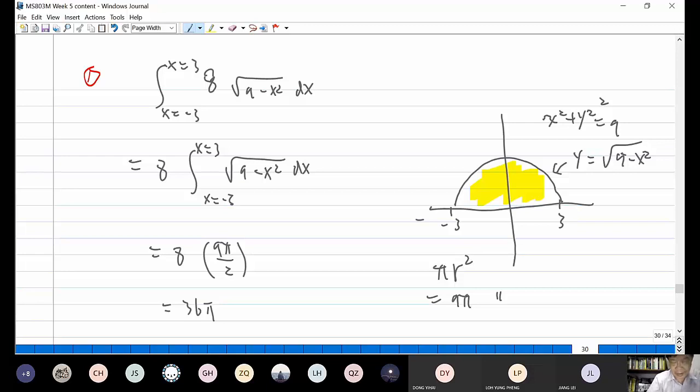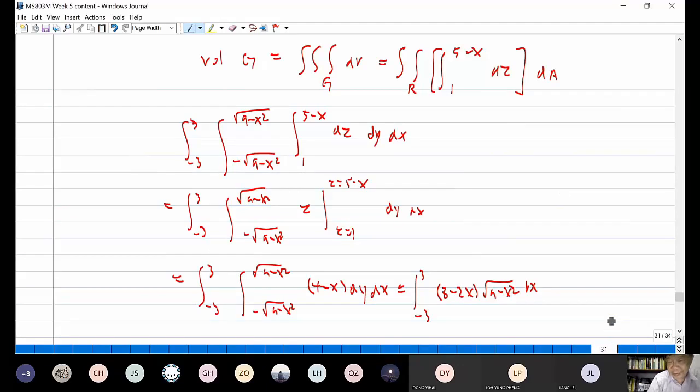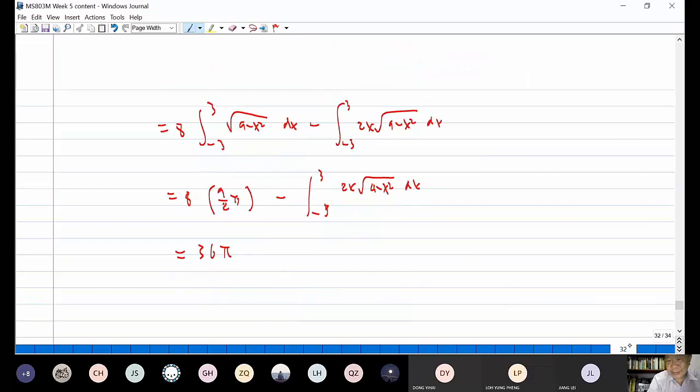One integral is 36 pi, and the second one is 0. Putting together, correct. Yes, 36 pi, correct. I thought I was wrong.